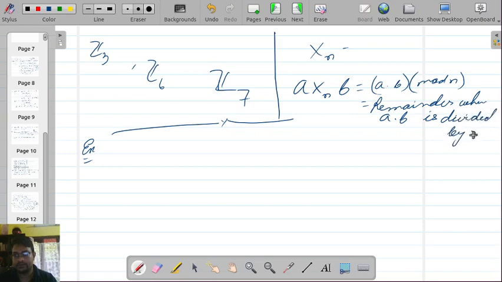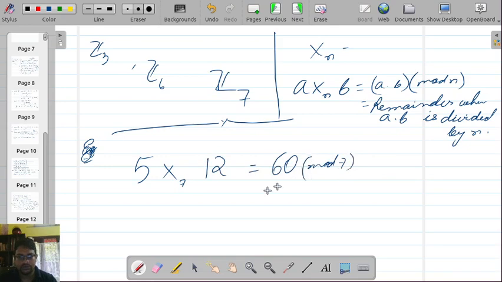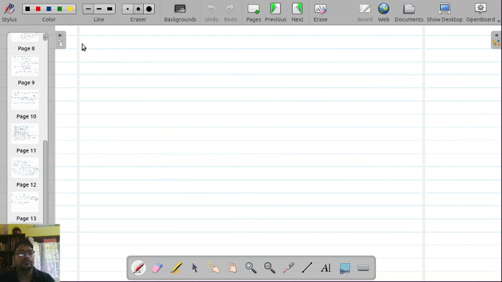So say something like 5 cross modulo 7 of 12. 5 times 12 is 60, so it's 60 mod 7. If we divide 60 by 7, the remainder is what? 4. 7 times 8 is 56, 60 minus 56 is 4. So this is equal to 4.